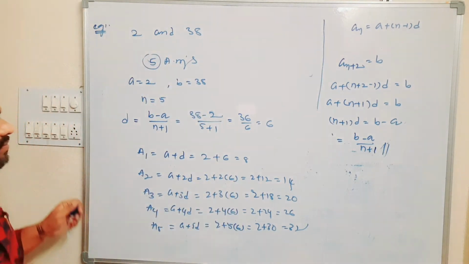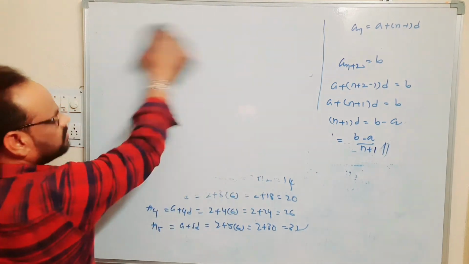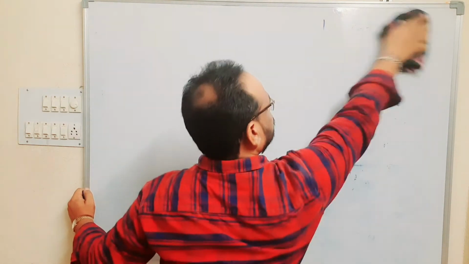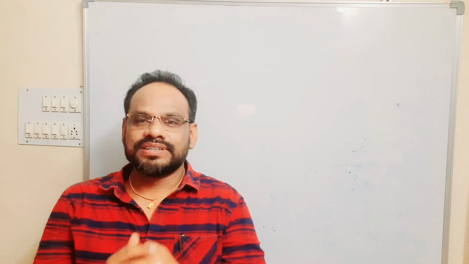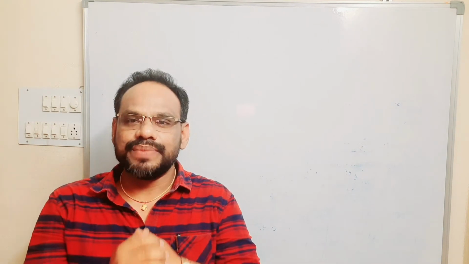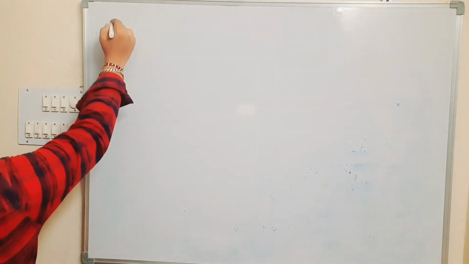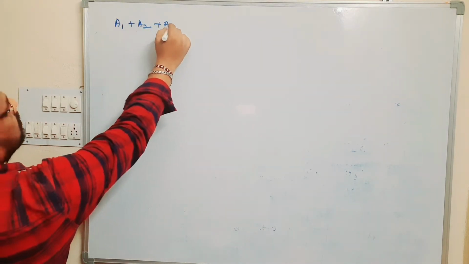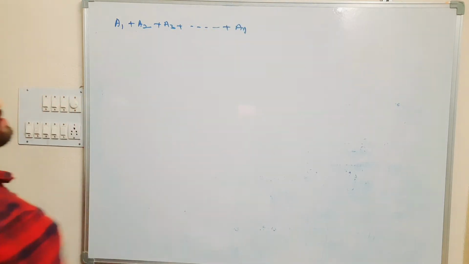Next one, how to find the sum of n arithmetic means between a and b. We want n AMs, a1 plus a2 plus a3 and so on plus an.